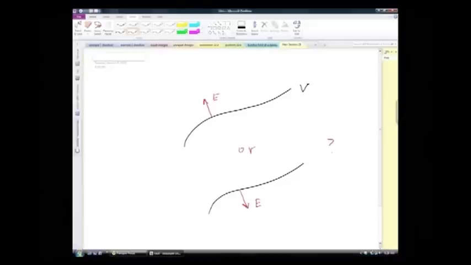What information would you need to determine whether it's one way or the other?